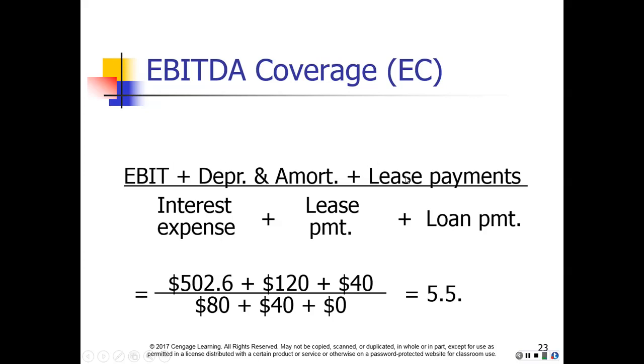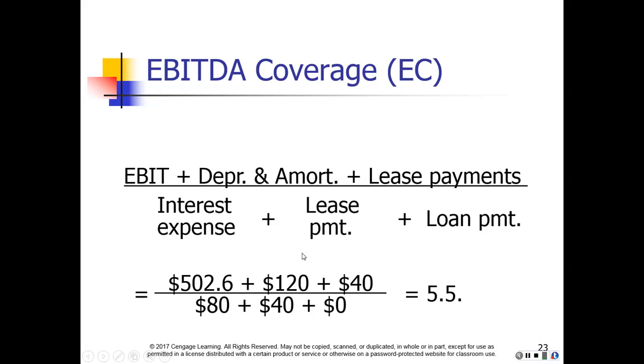But that is a fixed expense, just like depreciation is. So we take EBIT, add depreciation, add any other fixed expense like lease payments, and then divide that by all of our obligatory financial payments, which would be interest, lease, and loan payments, any of the loan that is maturing and will need to be paid this year.